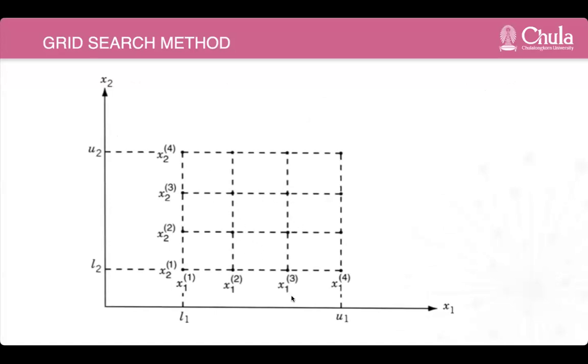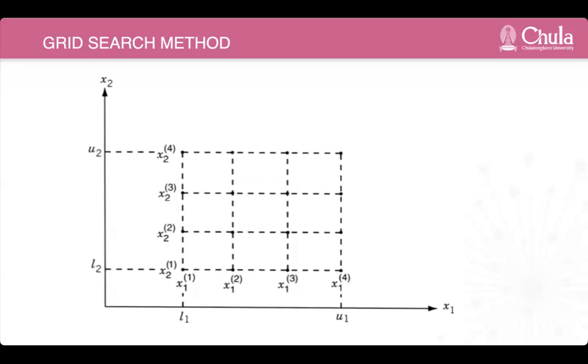You divide the first variable into a number of grids, and also the second variable into a number of grids. For example, you divide the first decision variable into 3 regions, and for x2 you also divide into 3 regions. So you have 9 regions to explore, right?